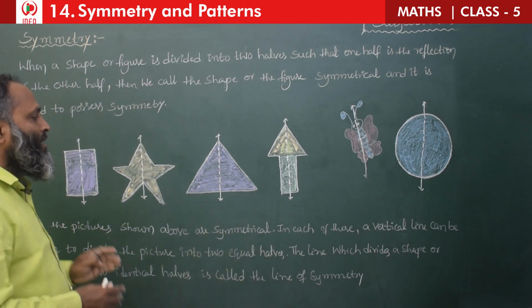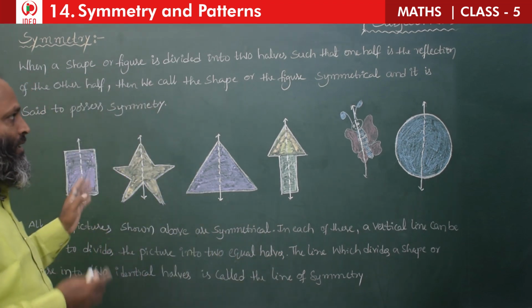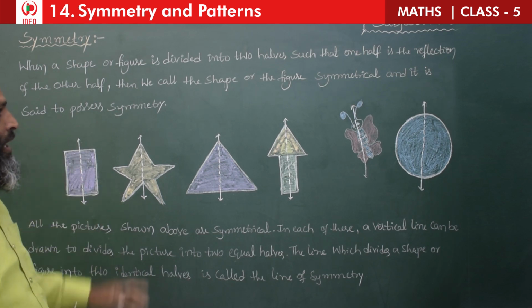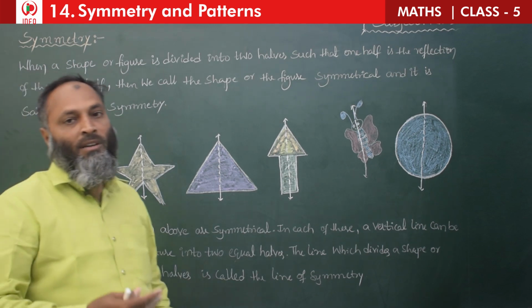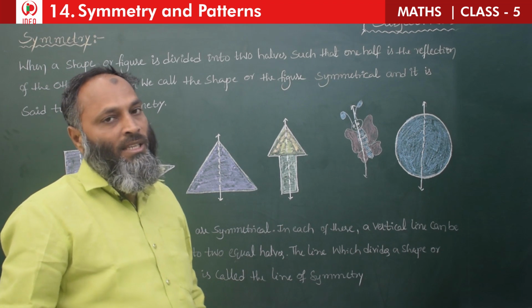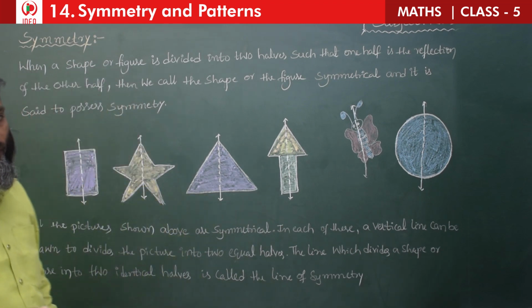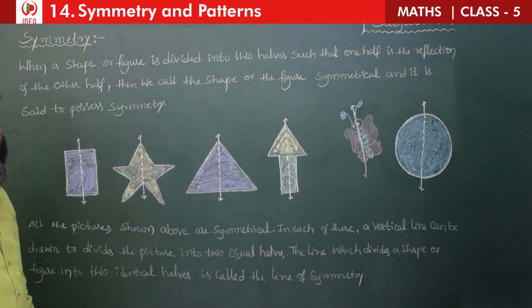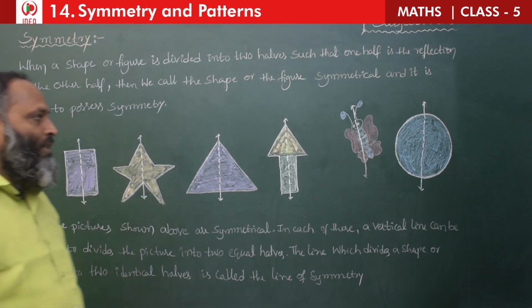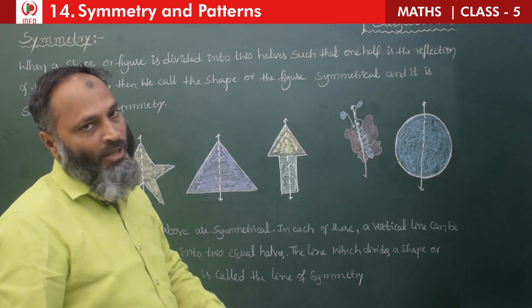Why are we saying identical halves? Because it looks like the first half is a reflection of the second half. That is why all these six pictures are identical, meaning symmetrical pictures.